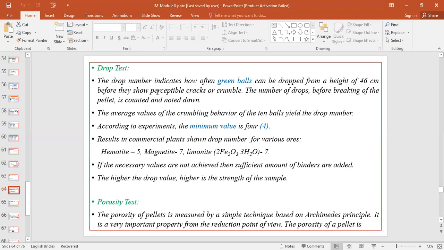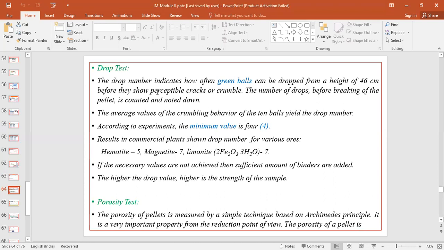It has to be dropped till it fractures, so that will give the drop strength. So we have to drop a pellet from a height of 46 centimeters on a 10 mm thick plate, and repeat this till the pellet gets completely cracked.